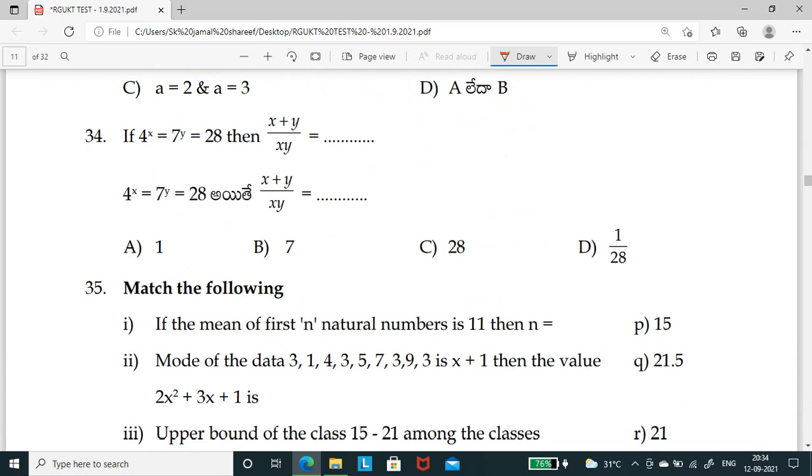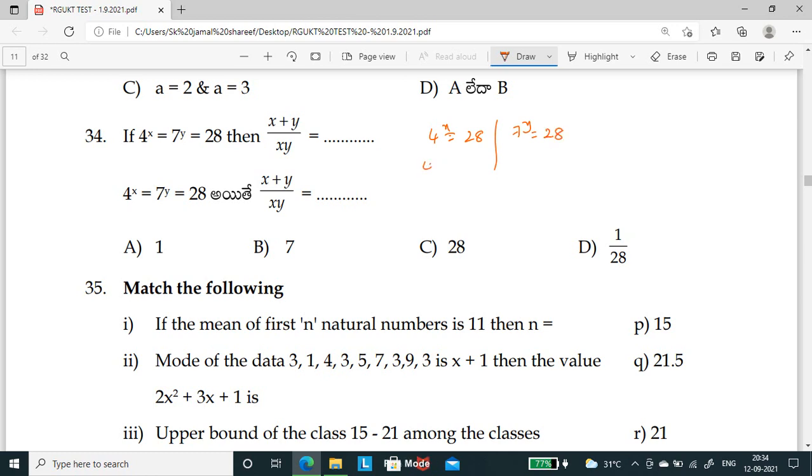Next, moving on to question number 34. So 4 power x is equal to 7 power y is equal to 28. Then (x plus y) by xy is equal to? Now from this, 4 power x is equal to 28, and 7 power y also I can write as 28.